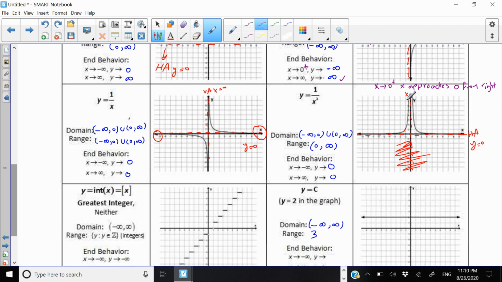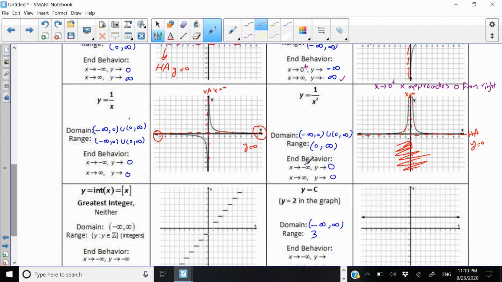My graph is getting close to this line, but doesn't pass. So I can say my range is from 0 to infinity. And because at 0 I have an asymptote, and 0 itself is not included in my graph, so I put a parenthesis here.